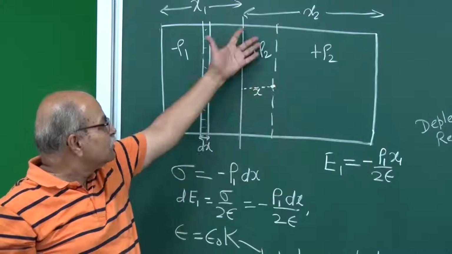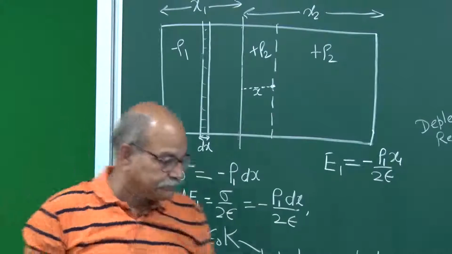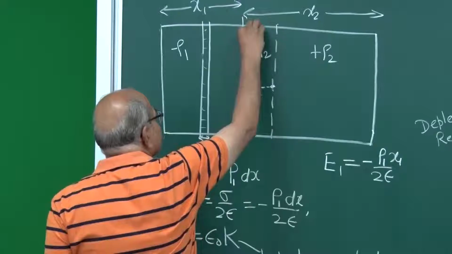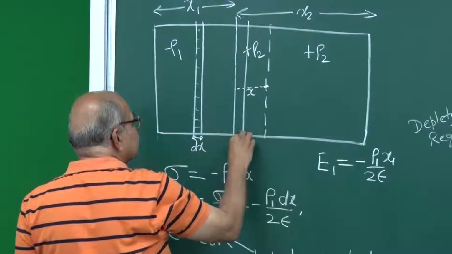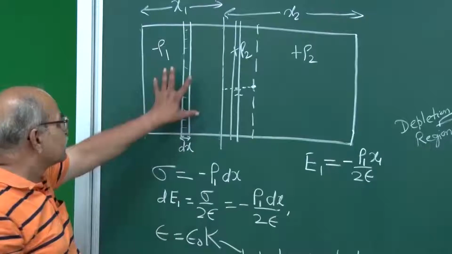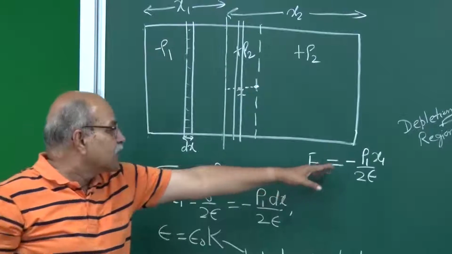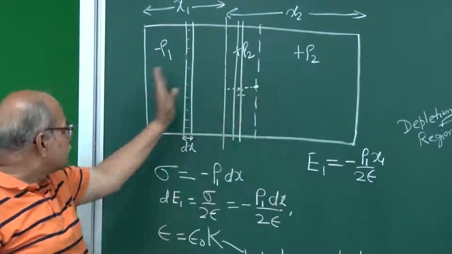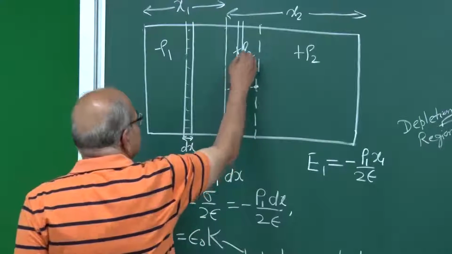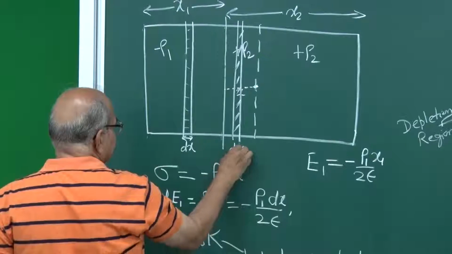So once again you can do a similar analysis, and here again you can take a small dx. By the way, this was negative charge, and so for the electric field that we have calculated, we have put the minus sign here, so it is towards the left. Now this is the width dx I am taking, and this part is now over.